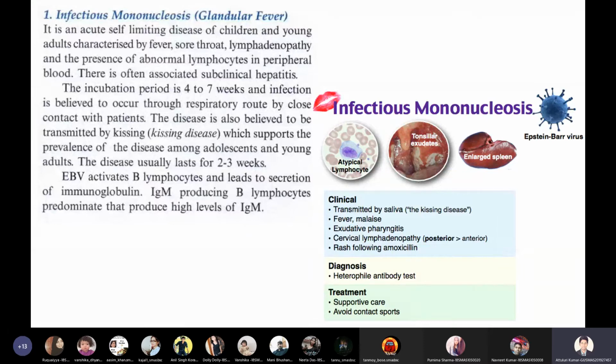Due to that, there will be an abnormal proliferation of B cells. The B cell count will drastically increase. Instead of 1,000, we will have some 1 million B cells, and those extra B cells will produce abnormal IgM antibodies. So high levels of IgM antibodies can be seen in patients with infectious mononucleosis or simply Epstein-Barr virus infection.